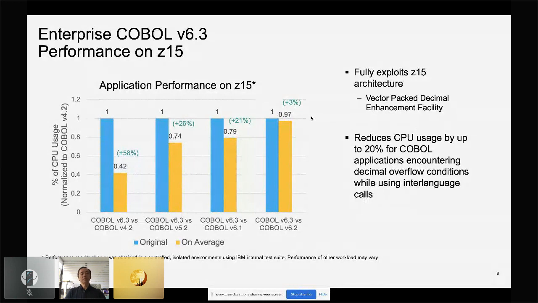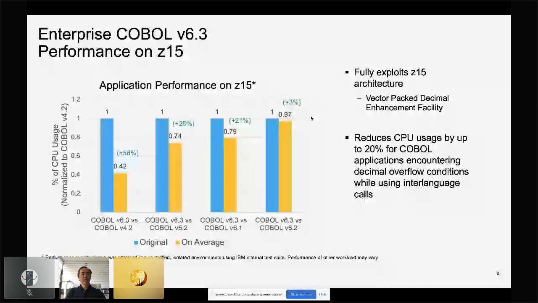So on the Z15, using our benchmark suite, when we compared the performance with version 4.2, we're looking at about a 58% improvement. Now, our benchmark suite is more skewed towards numeric intensive work, with a lot of calculations in it.